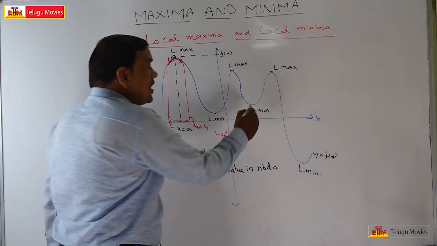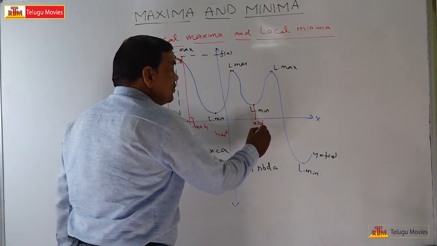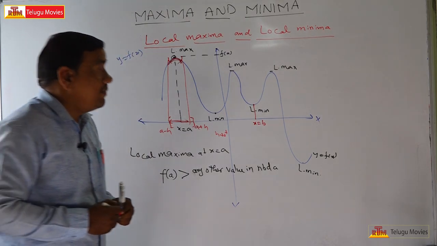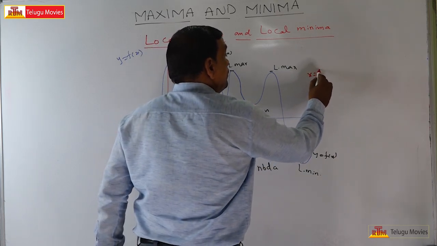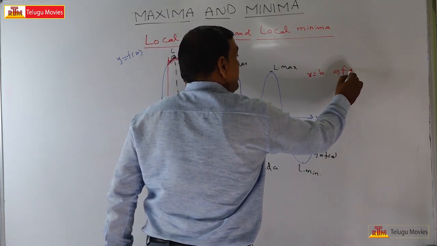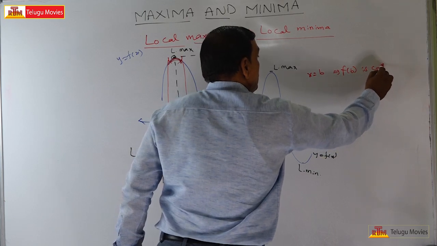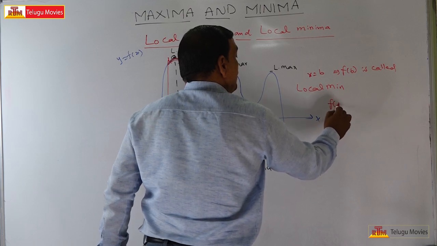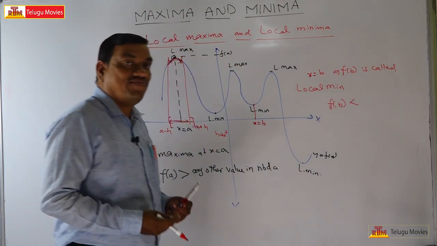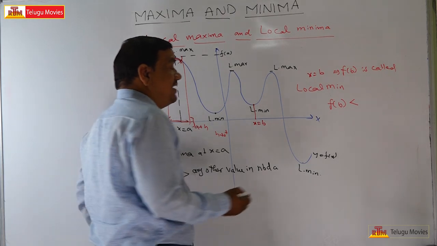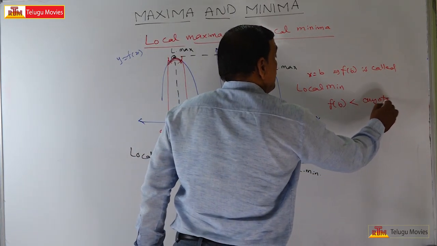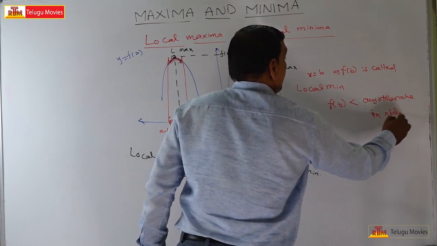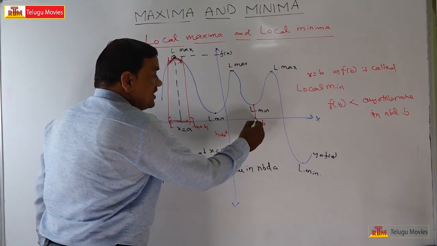What about local minimum? For example, x is equal to b. We call x is equal to b a local minimum. That means f of b is called a local minimum if f of b is less than any other value in the neighborhood of b. What is the neighborhood of b?